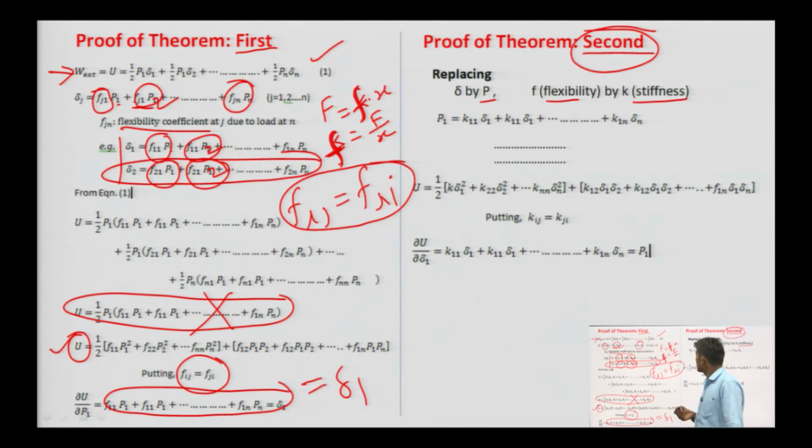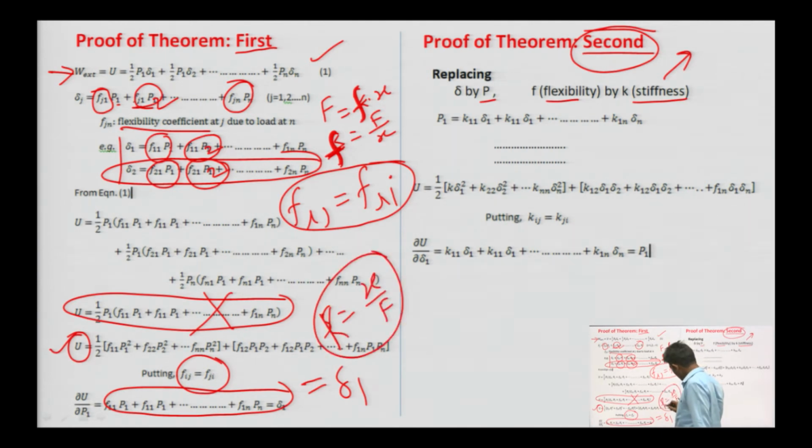So, what is stiffness? For a unit value of force, the required displacement is the flexibility coefficient, and stiffness will be x by f. This is k, stiffness k is equal to x upon f.